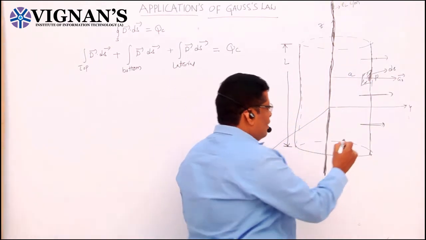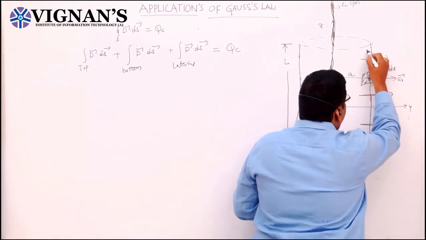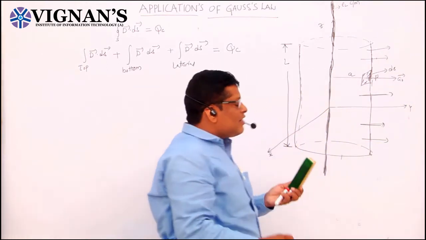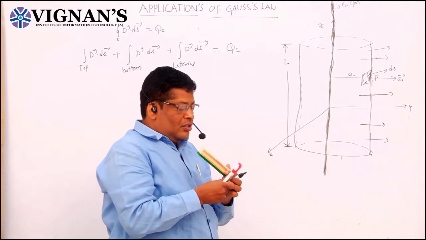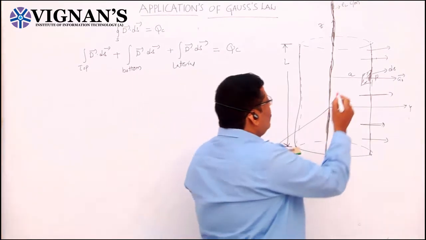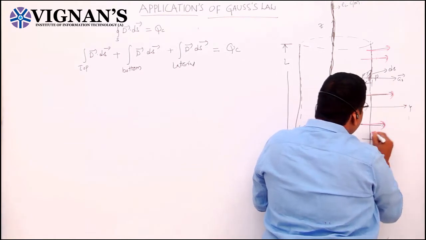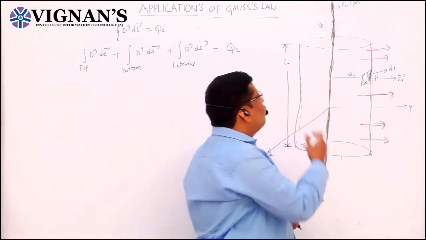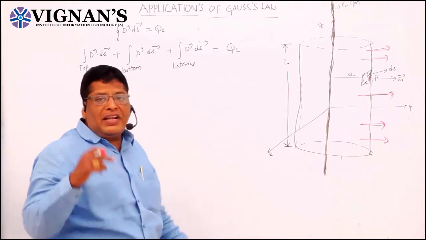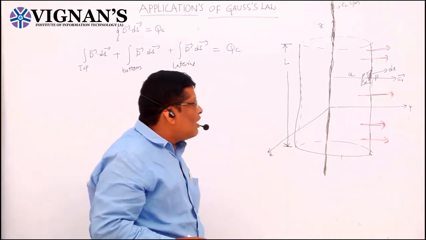These are the flux lines, which we can represent here with red lines. These are the flux lines which are coming from the infinite line charge which is placed on the z-axis.